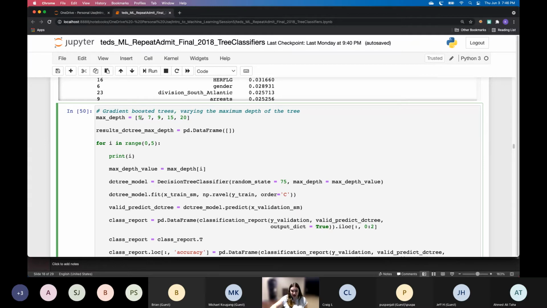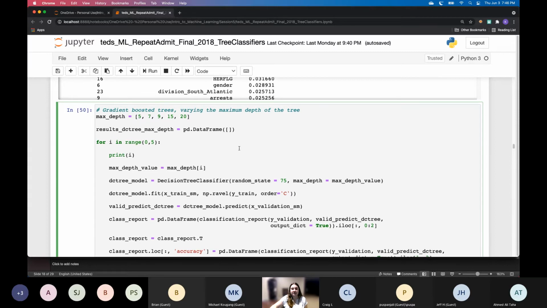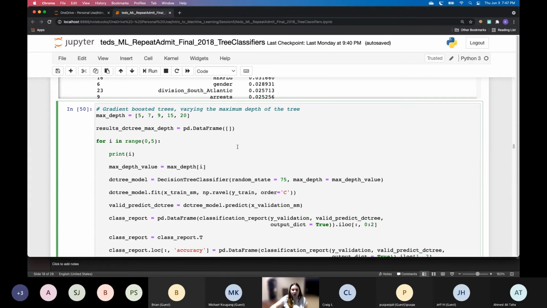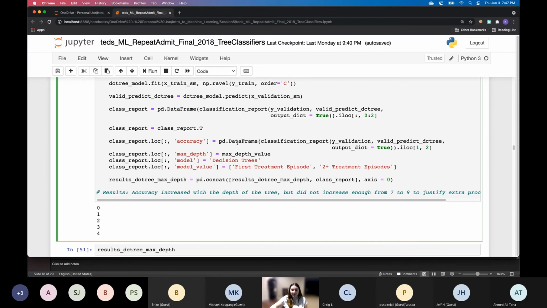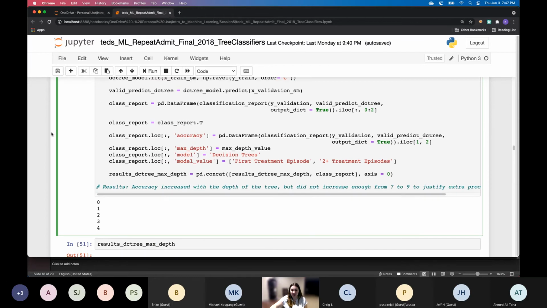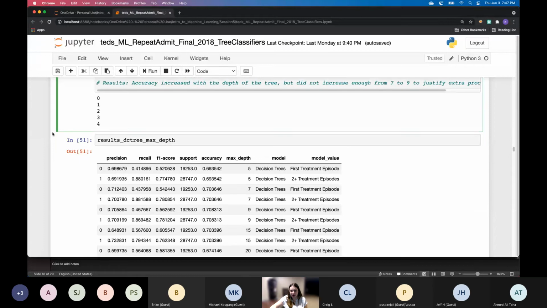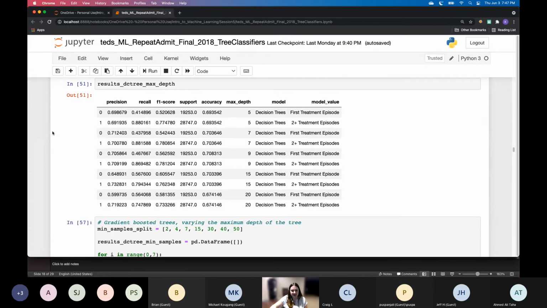But I cut it off at 5 levels, 7 levels, 9 levels, 15 levels, and 20 levels. Keep in mind that our data is very complex and it is noisy. So I had it change the max depth. I'm not going to run this because this takes a while. Machine learning in general is highly processing intensive. But these are the results that I got.